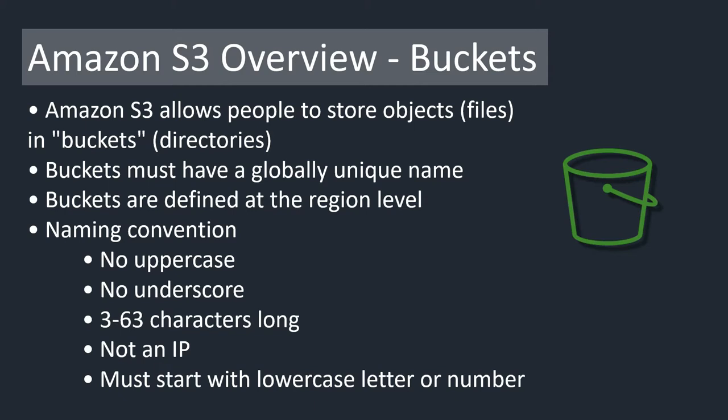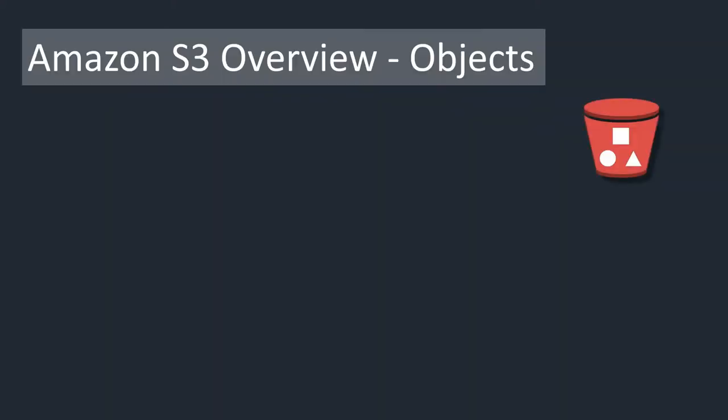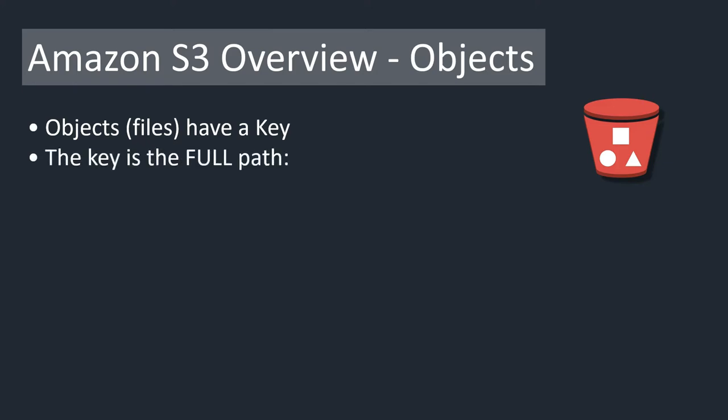Okay. Now in these S3 buckets, we need to create objects. Objects are files and they must have a key. And what is a key? It is the full path to that file. So if we have a bucket named my bucket and an object named my_file.txt, then the key is my_file.txt.